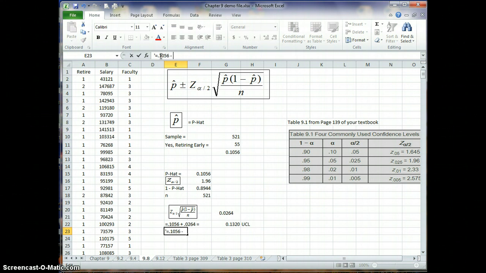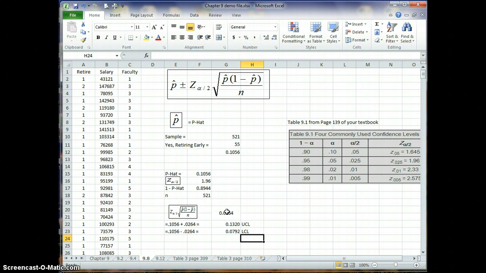And then down below here, 0.1056 minus 0.0264 is going to be equal to, and again let me do that actual calculation here, p hat minus, and that would be the lower confidence level.